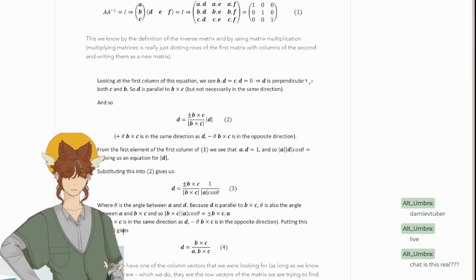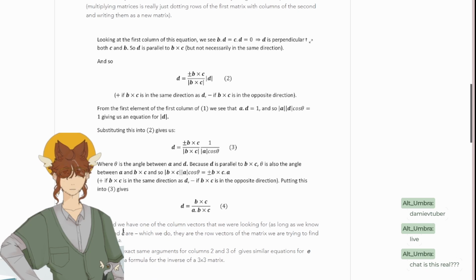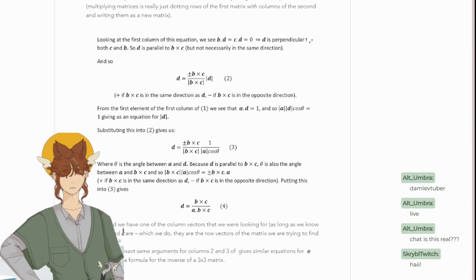Probably because if we solve it. Oh, yeah, okay, where theta is the angle between A and D, because D is parallel to B cross C. Theta is also the angle between A and B cross C. So A cosine theta equals B cross C dot A. That's the triple scalar.